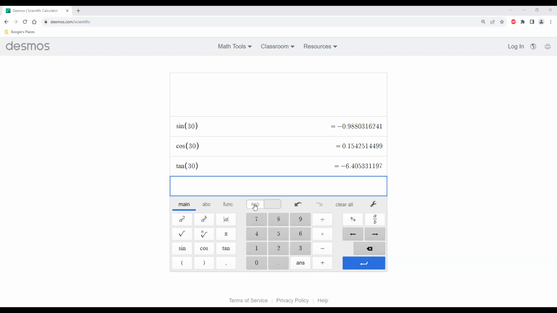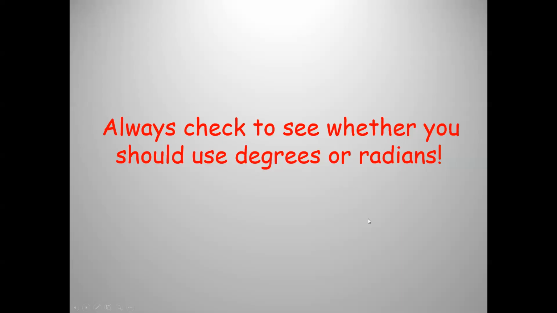If I switch it to degrees, suddenly I get the correct values: a half, root 3 over 2, and 1 over root 3. So there's a lesson there for us already. Make sure when you're using your calculator to see whether you're in the degrees setting or the radian setting. That's very important.